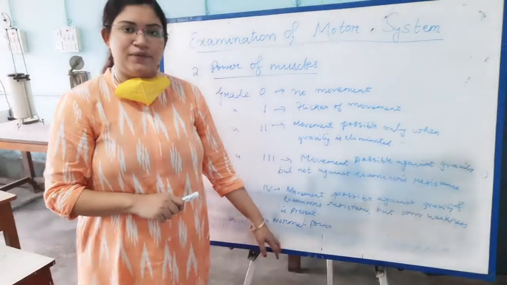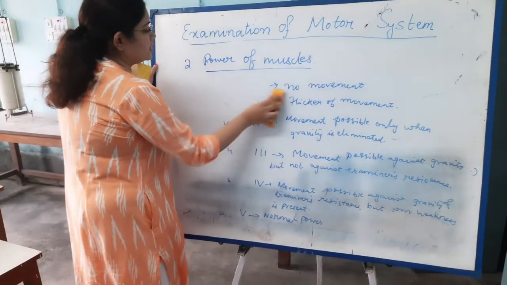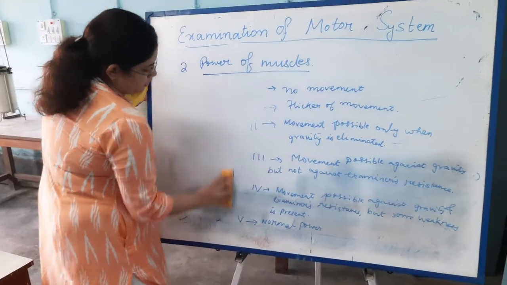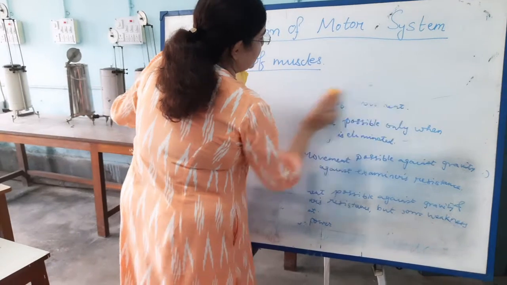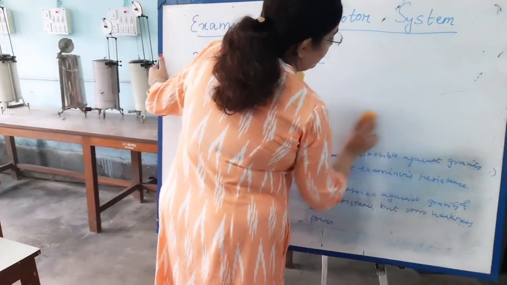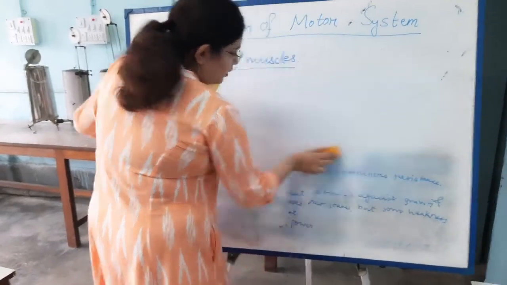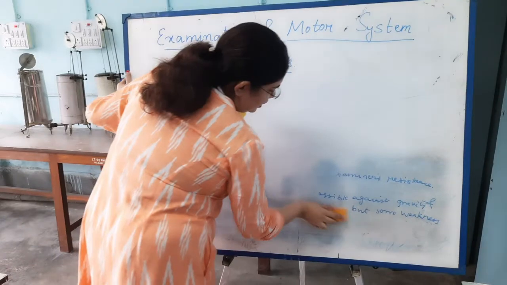That is grade 5, normal power. Clear? So power of muscles must be examined in grades. You must answer your examiner that the power of muscles of my subject is grade 4 or grade 5, whatever you have found in your examination.